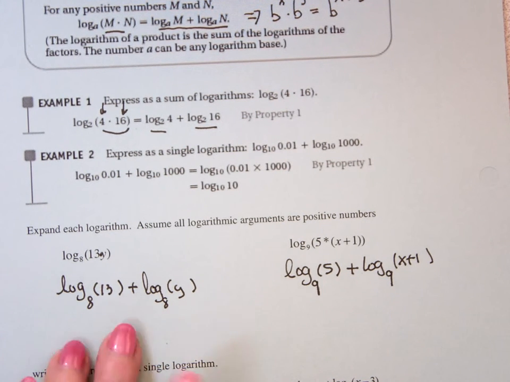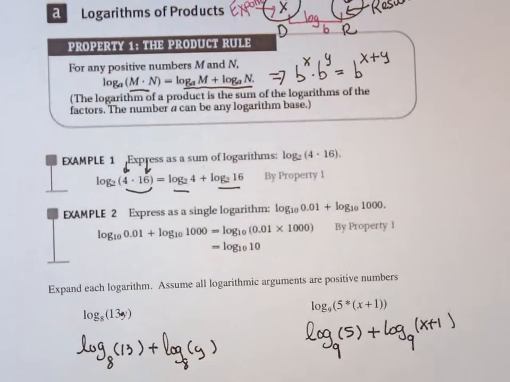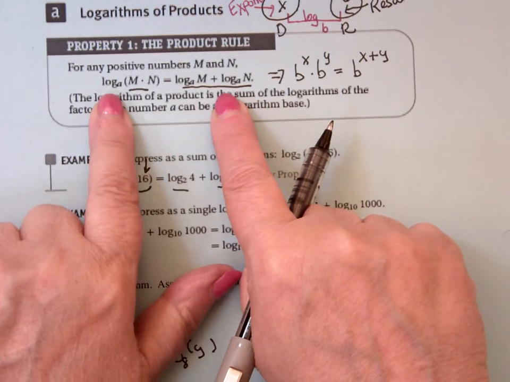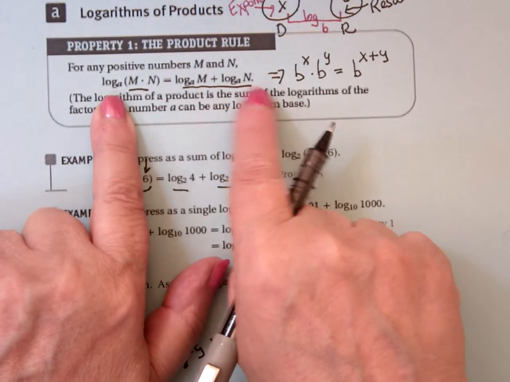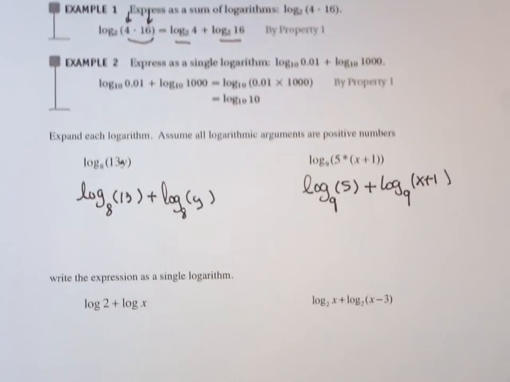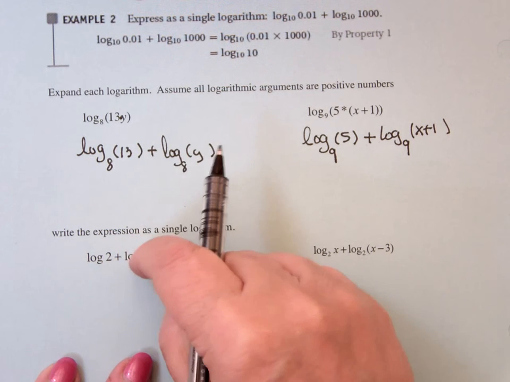Now, if I go forward, I can go backwards, which says that if I have the sum, then it turns into a product of the arguments. So this says the log of 2 plus the log of 10.